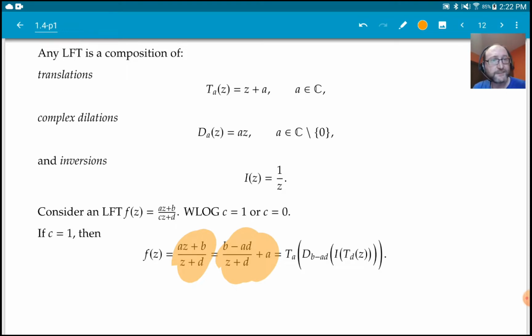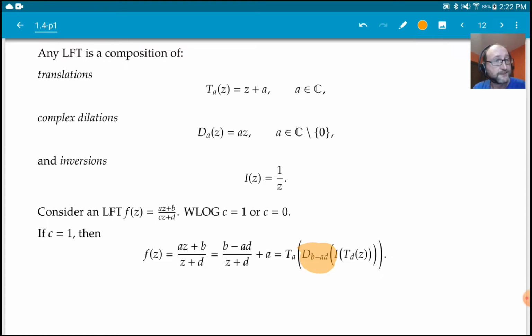So let's show how I go through it. I have this translation by D over here. Then I invert that, so I have 1 over z plus D. And then I dilate that with B minus AD, which is not going to be 0 because this is an LFT, so C is 1.